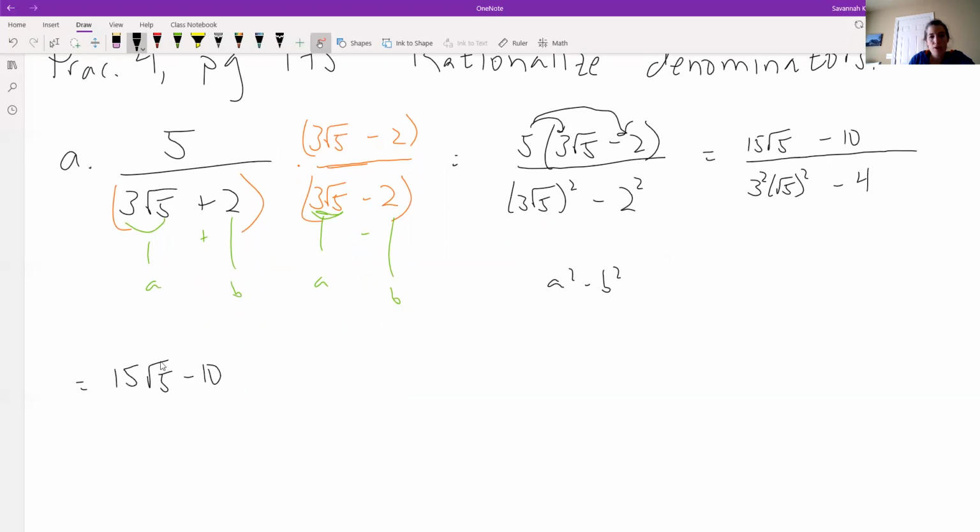We do not care about the square root that we've introduced into the numerator. Our whole focus is on the denominator. Speaking of which, the denominator has 9 times 5 down there, minus 4.